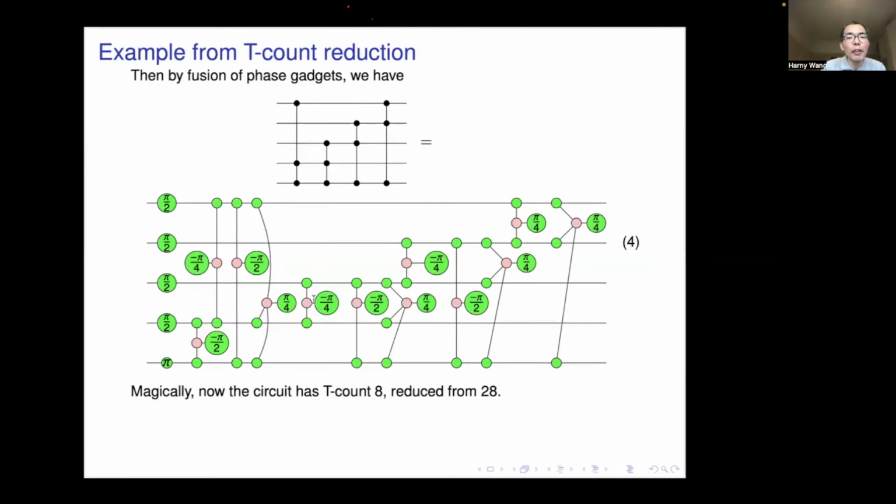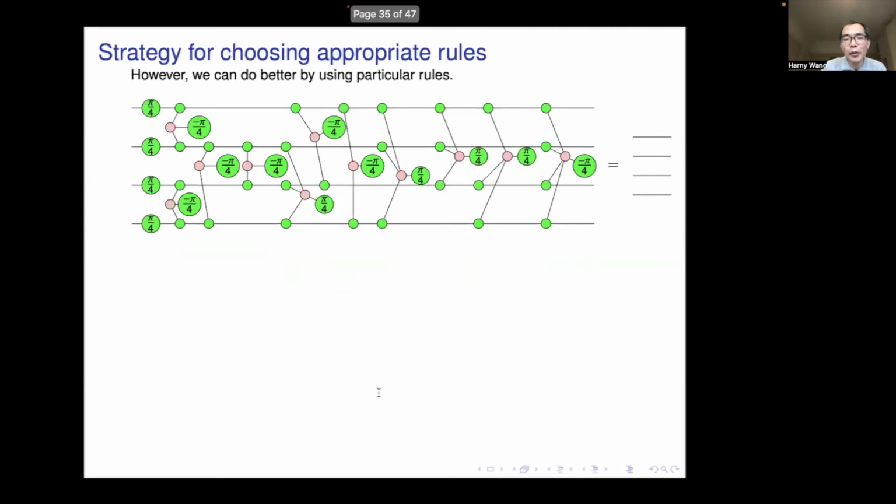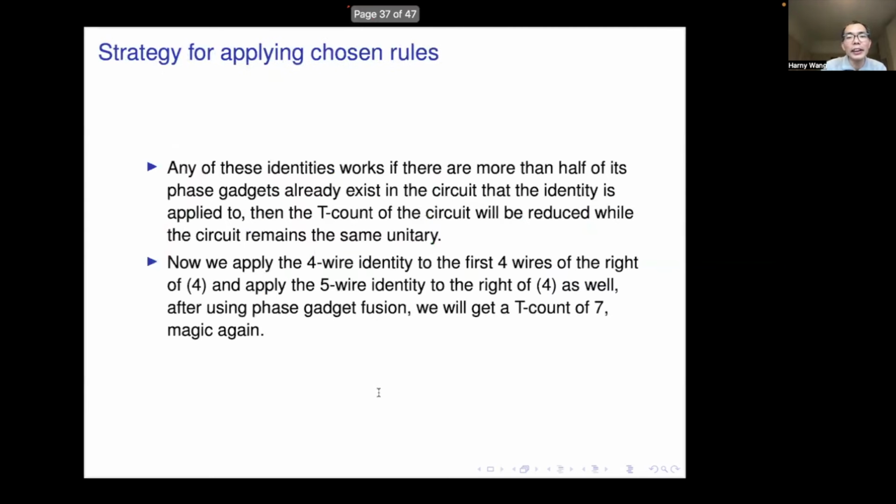For the whole 5 wires, we also apply the 5 wire identity, because identities won't change anything. But phase gadgets will cancel out with each other, and you will reduce T count. Then you go from the T count 8 to T count 7. I don't want to show the detail here, but that's the idea.